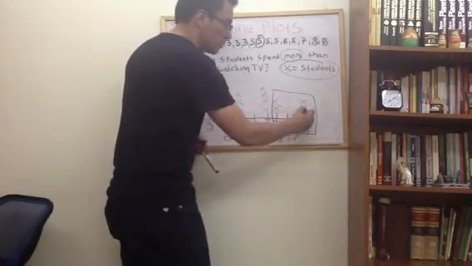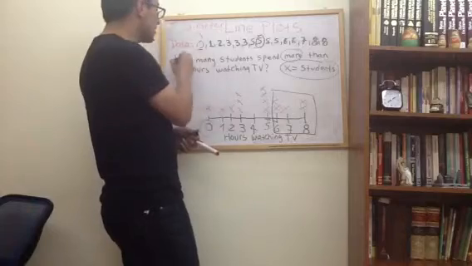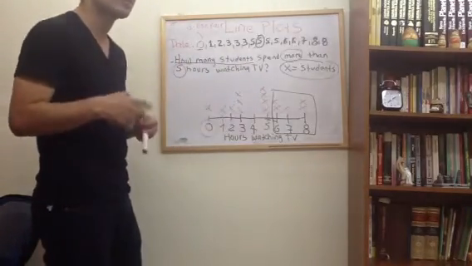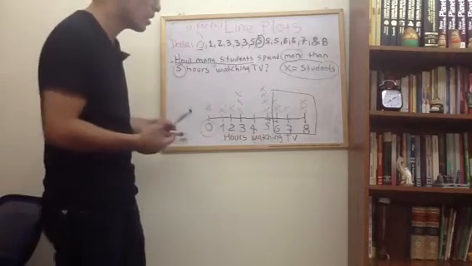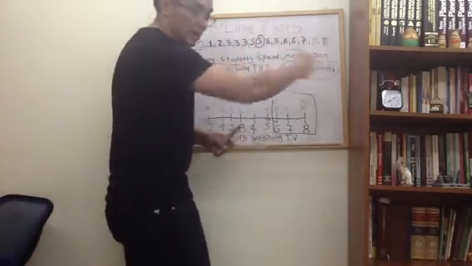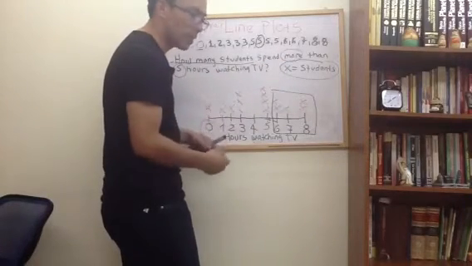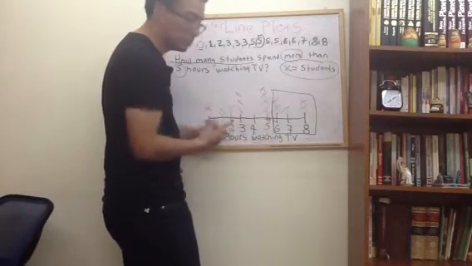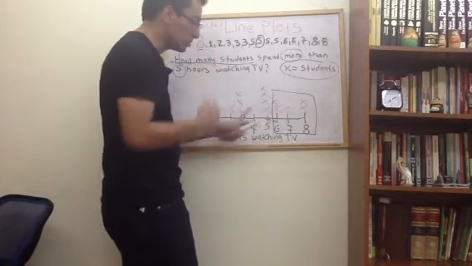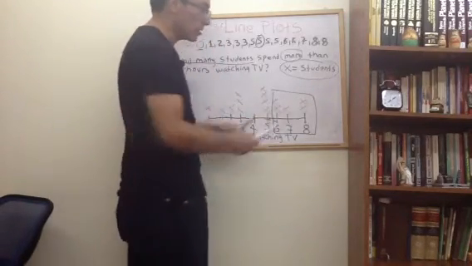Right? So the question says how many students? What I have to do here is count the x's from 6, which is more than 5 hours, and up. So let's count. 2 people watch 6 hours. 1 person watches 7 hours.